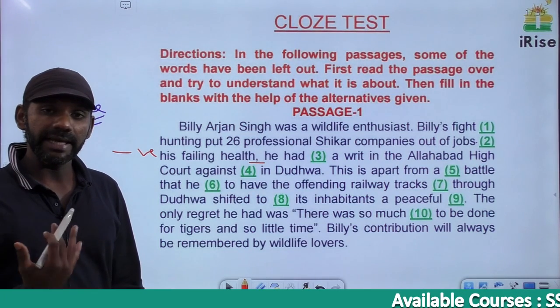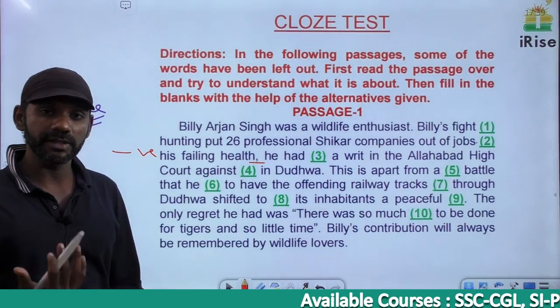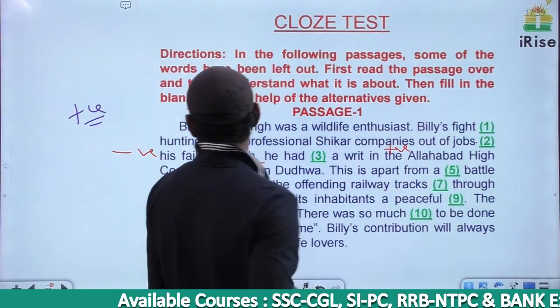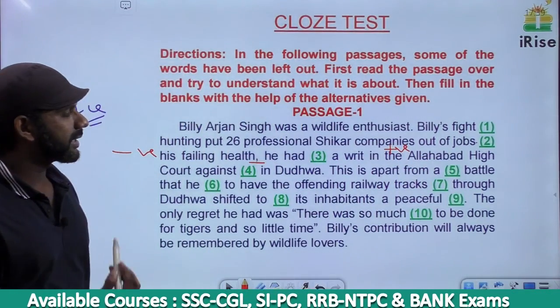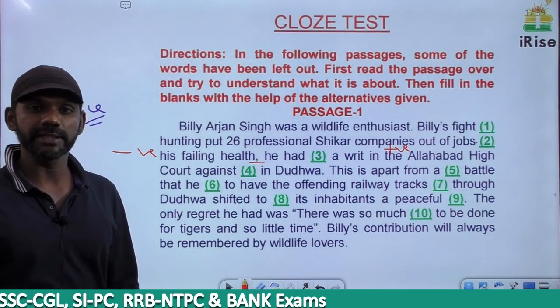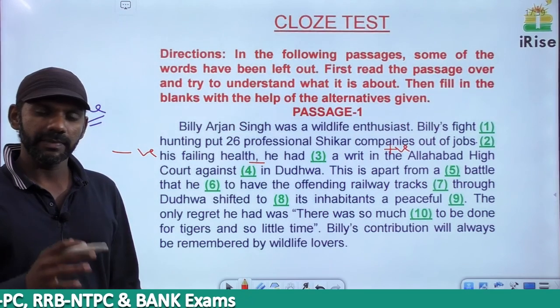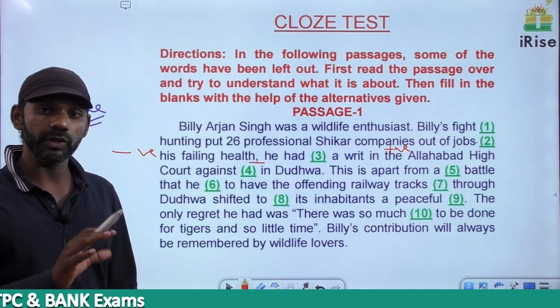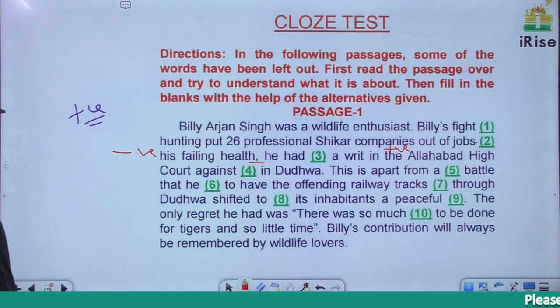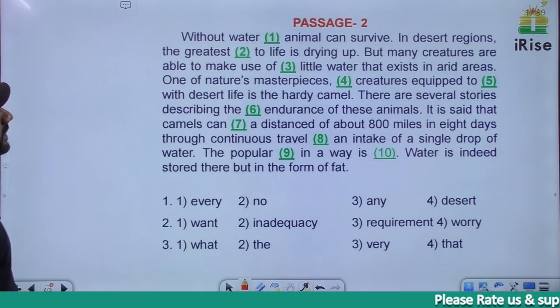Poaching is negative, against poaching is positive because of double negation. So we have two ideas in this sentence. One idea is negative, the other idea is positive. So blank 2 must be filled with what kind of an indicator? Contrast indicator, because only a contrast indicator connects two contradicting ideas, one negative idea and one positive idea. So blank 2 must be filled with a contrast indicator.